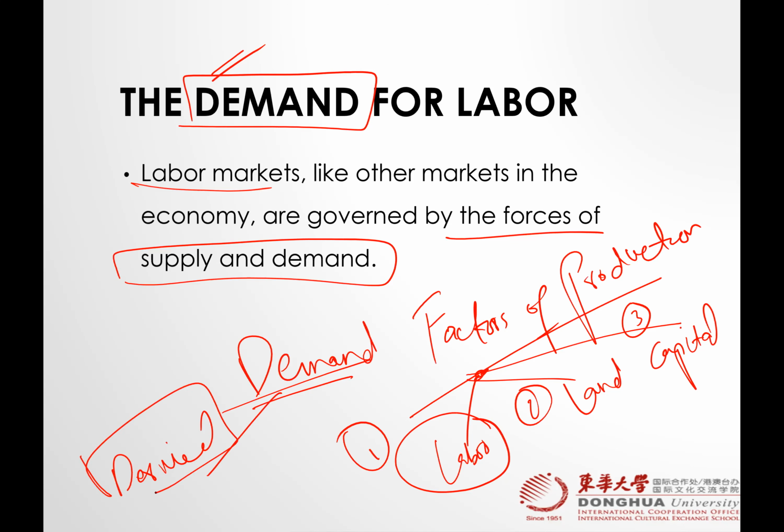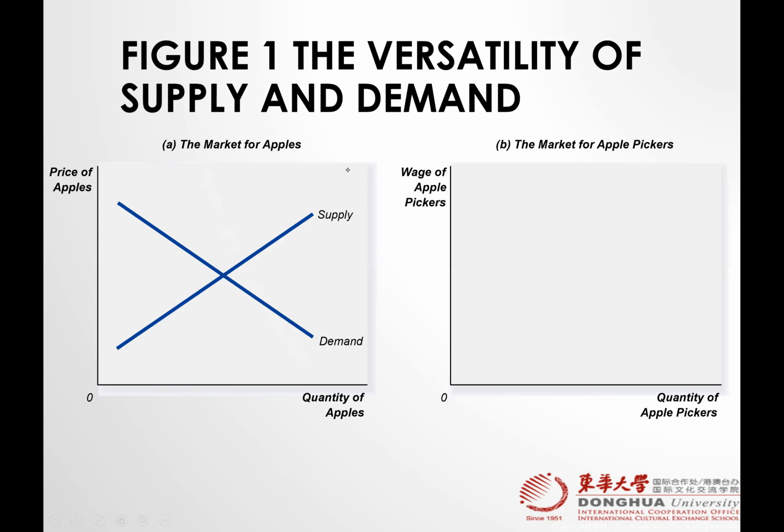What does it mean? It means the demand for labor is determined by the supply of the final product or the price of the final product. If you don't understand right now, we'll further explain it here.